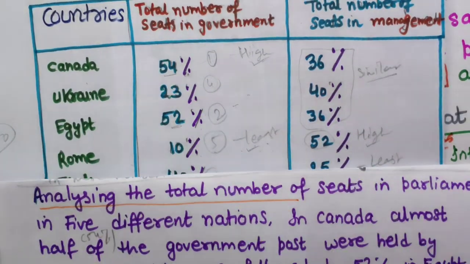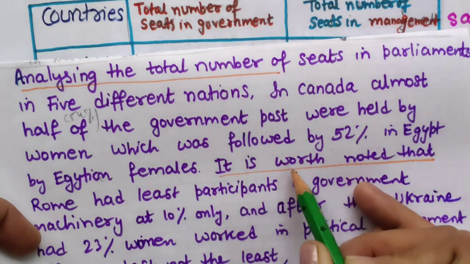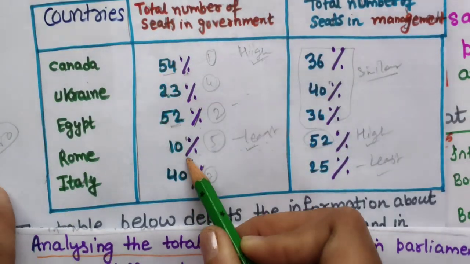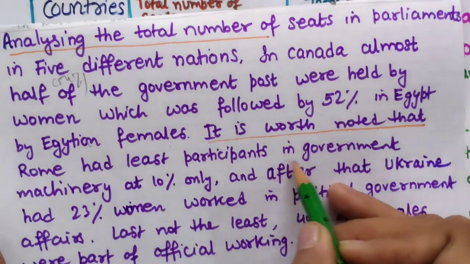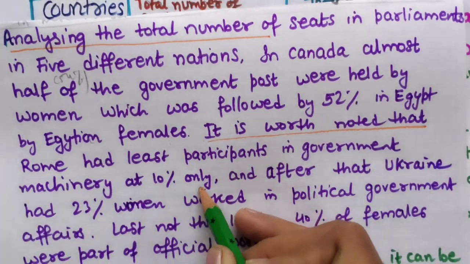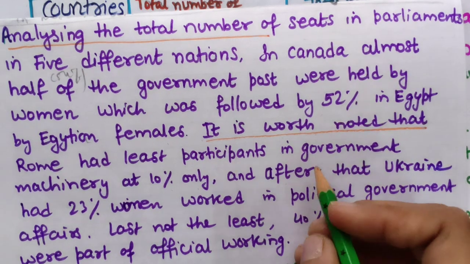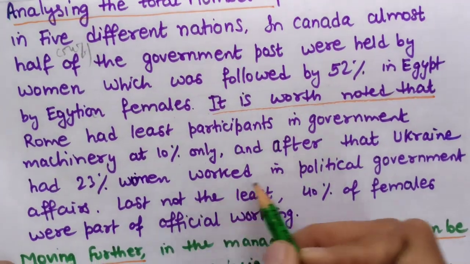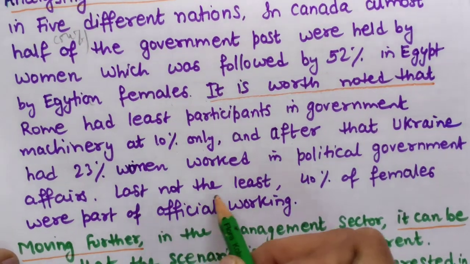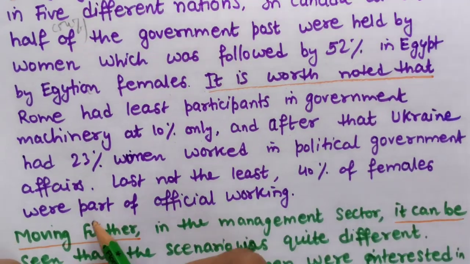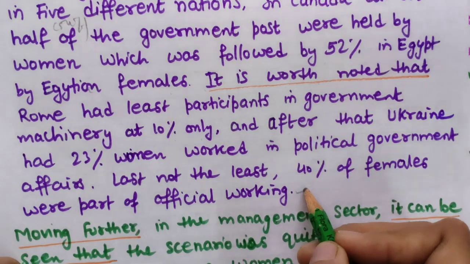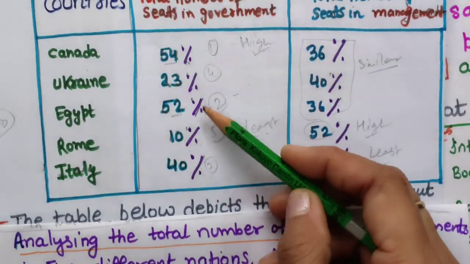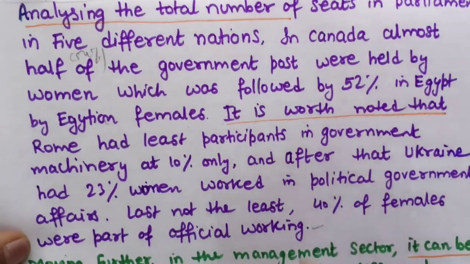Now coming to Italy and the least one. It is worth noting that Rome had the least participants in government machinery at 10% only, and after that Ukraine had 23% women working in political government affairs. Last but not least, 40% of females were part of the official working. So I have explained all the countries turn-wise.